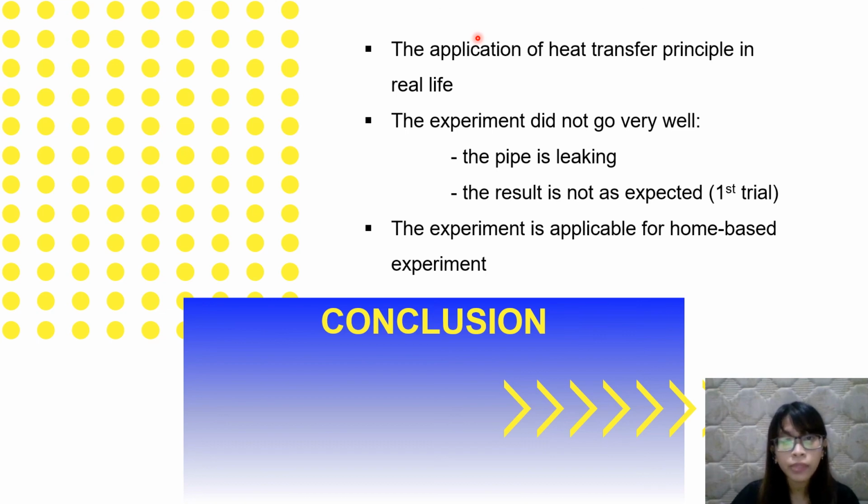It may happen because there is a heat difference between the two pipes, which may cause the water to flow through the non-insulated one first, and then after that through the insulated one. And the last conclusion that I can get is that this experiment is also applicable for home-based experiments since it is so easy to do.